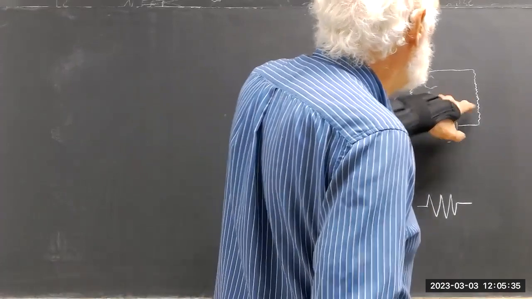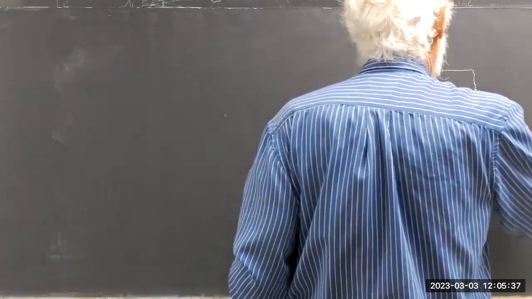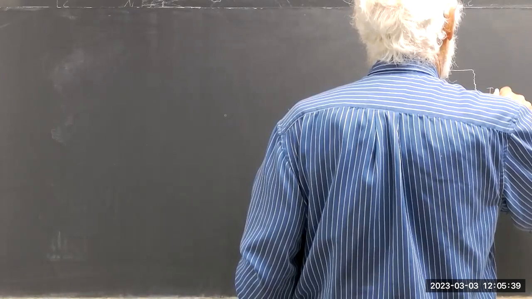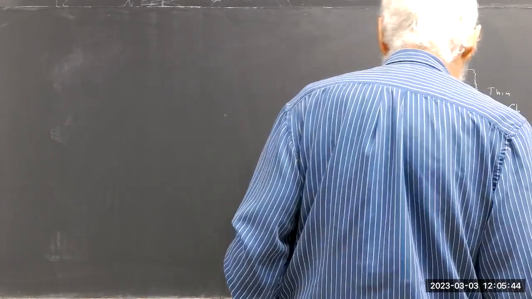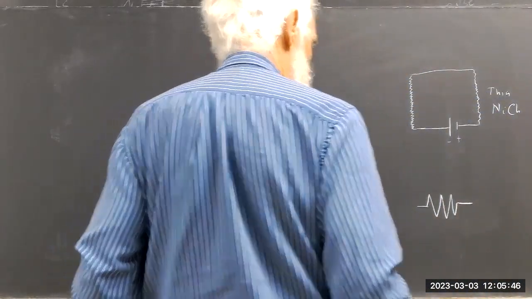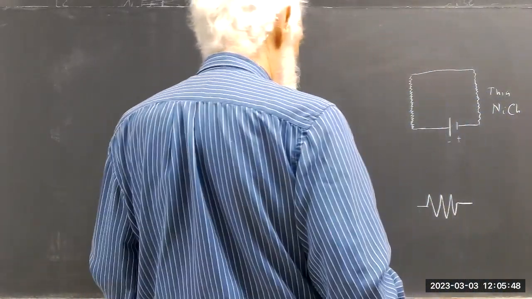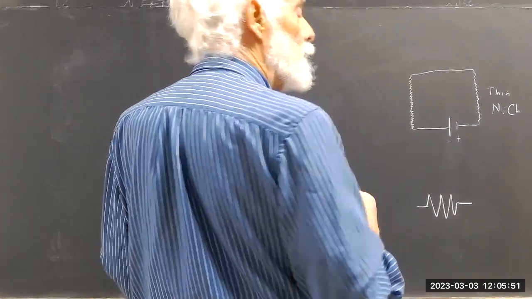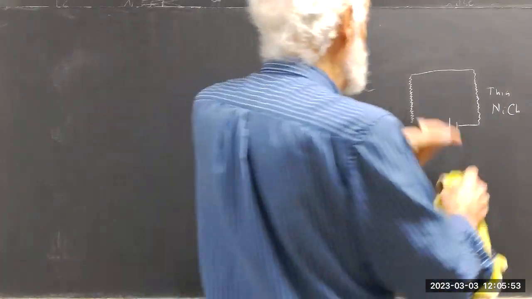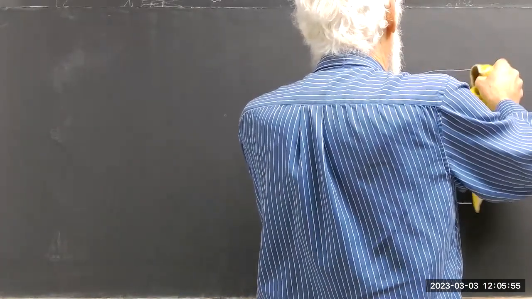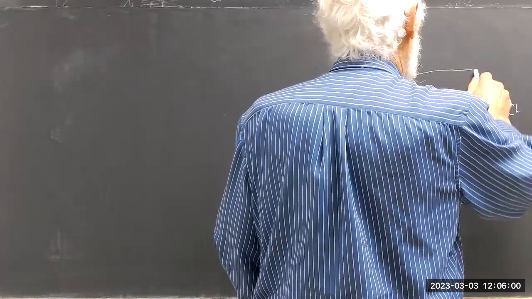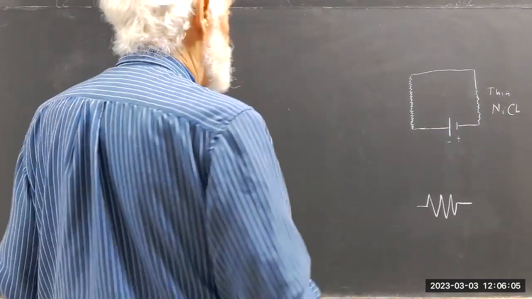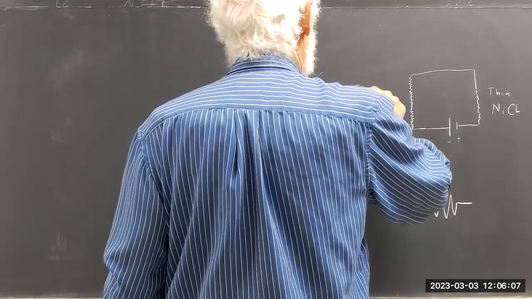So I'm going to call this thin nichrome. And I'm going to make one change to the thin nichrome. It's shorter than the other one. And the length of this thing is going to have a meaning. So I'm going to say, thin nichrome is only this long. And we're going to attach it here. This is thick nichrome.